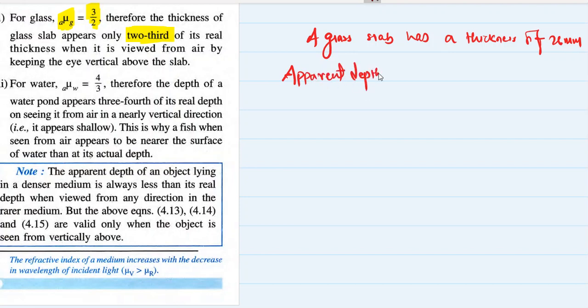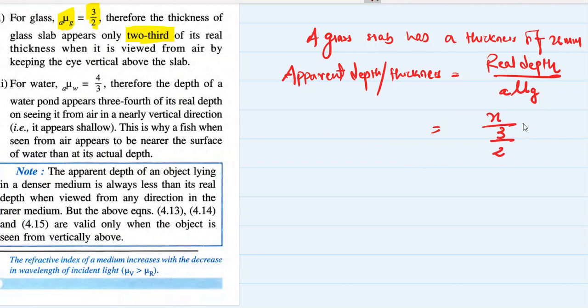Apparent depth or thickness is equal to real depth upon absolute refractive index of glass with respect to air. So apparent depth will be, real depth is x upon the absolute refractive index of glass is 3 by 2. So this will become 2x by 3. So the apparent depth will be 2/3 of the original depth. That's what they are saying over here. The glass slab appears only 2/3 of its real thickness, right?